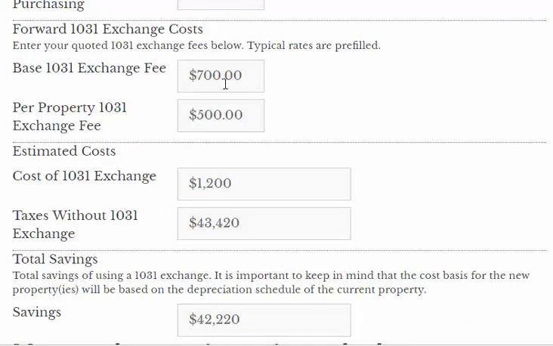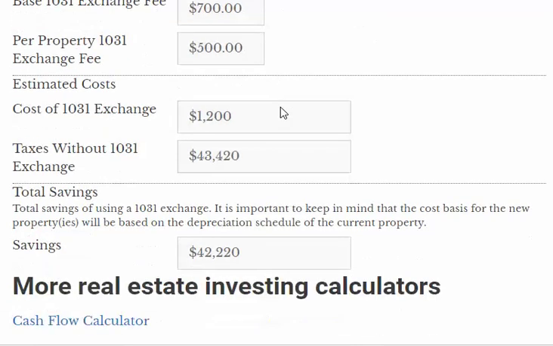And then your exchange fees. These are the fees I pay, $700 for basically selling one property and then $500 for the one I'm buying. These could vary greatly depending on what kind of properties you're buying, where you are, and the company you use, but that's what I pay currently. And then it spits out the numbers.